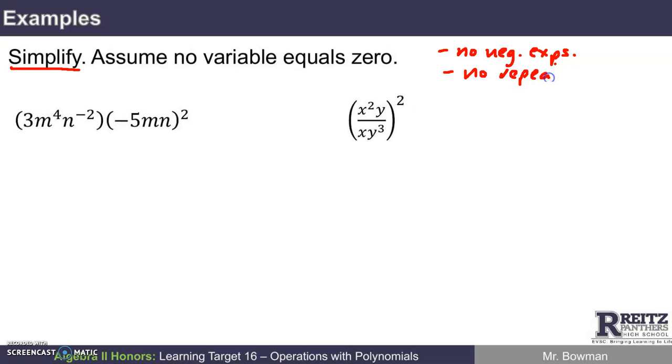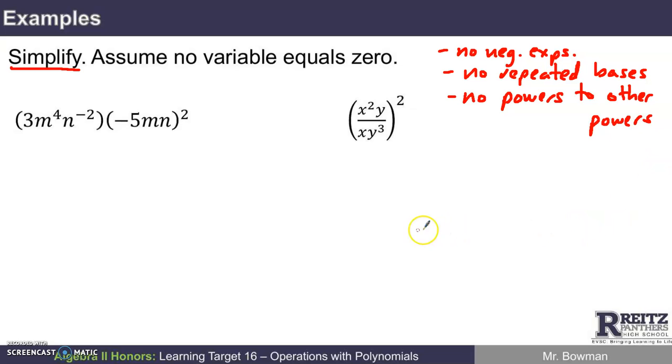In other words, you wouldn't want a base of x to show up in two different places in your answer. And it means no powers to powers left. So we wouldn't say we are simplifying if we had x squared, that whole thing to the 3rd power.